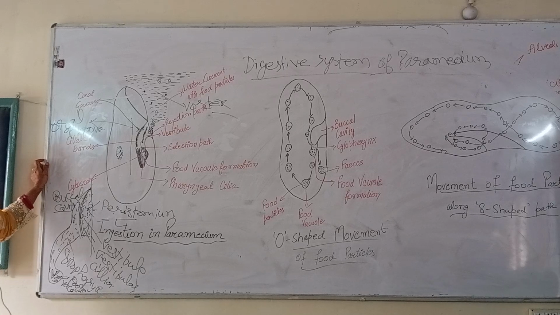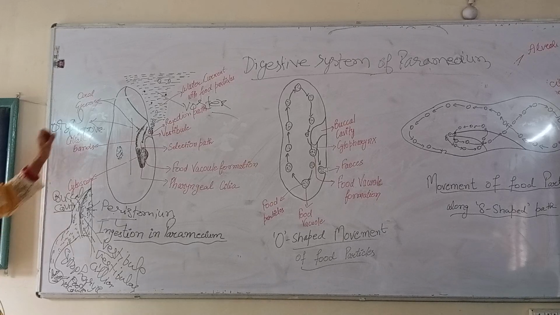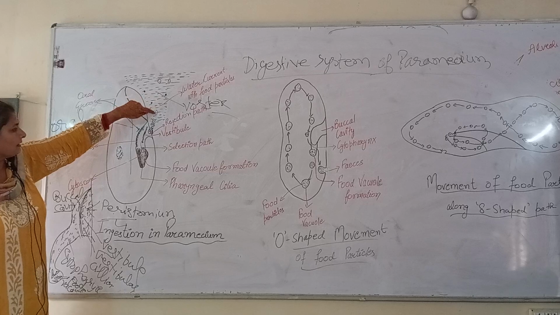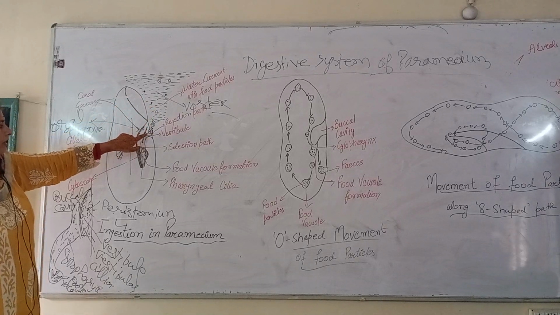There starts the moving of water, rotating around the peristome oral groove. They are continuously moving and there is an inward beating of the vestibular cilia. There is formation of this round structure and then the food particles they are moving inward.